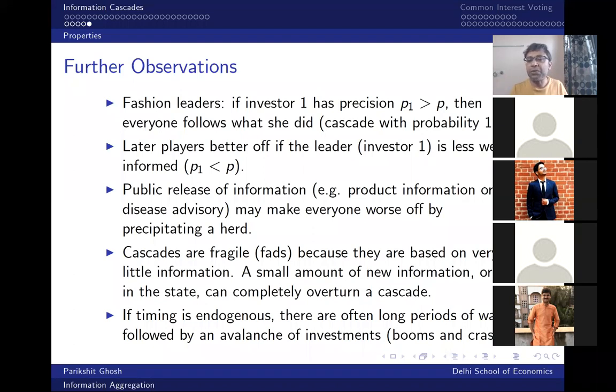Investment, you must have read in your macro that investment is a lot more volatile than consumption at the macro level. So it's really investment expenditure which drives business cycles, right? It is a primary driver. When investment picks up, we have a boom. When it collapses, we have a slump.